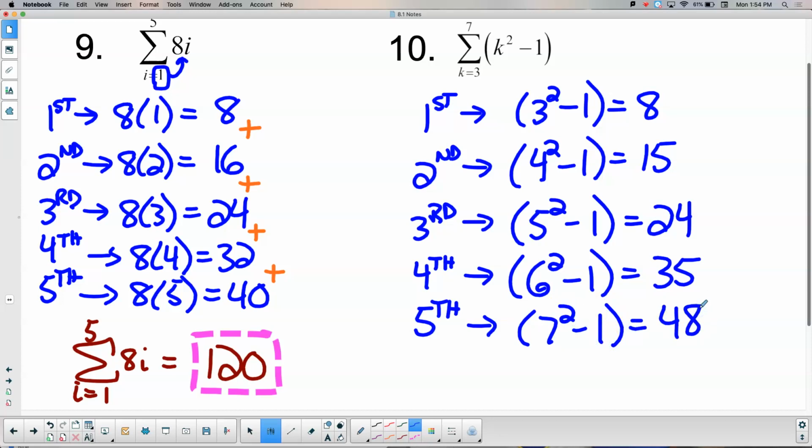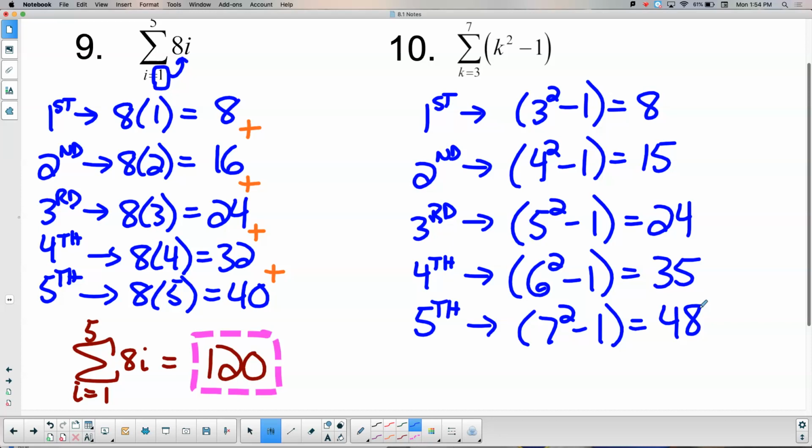Do I need to go on? Why not? Why or why not? Why? So I got to go to 7 terms? Everybody agree that I got to go to 7 terms? Sam, talk to me. Why?